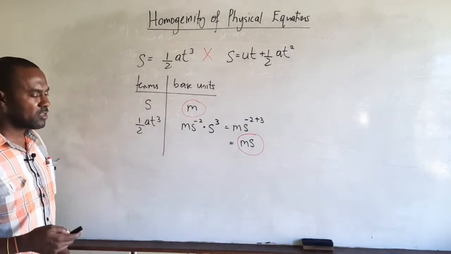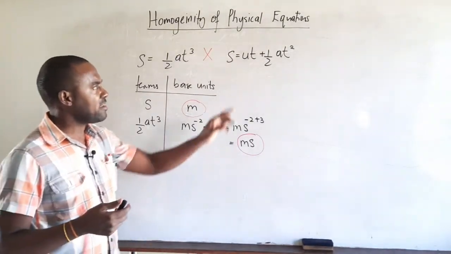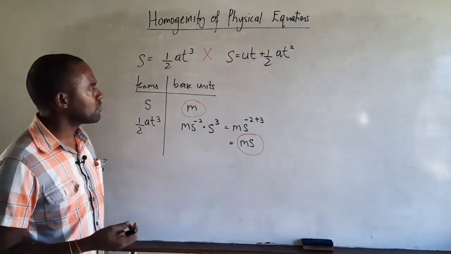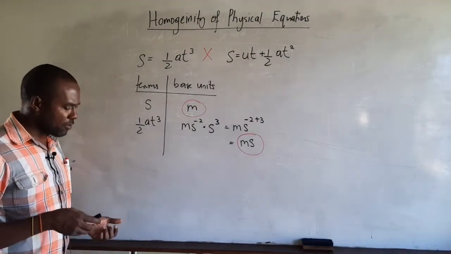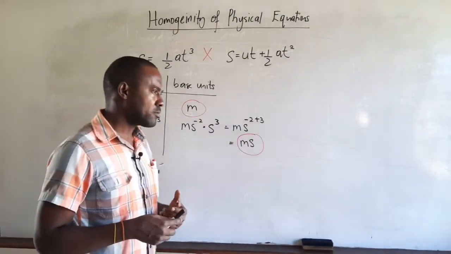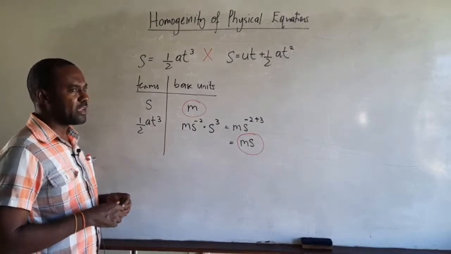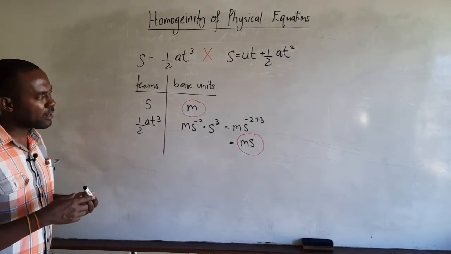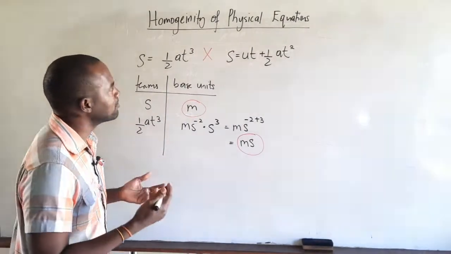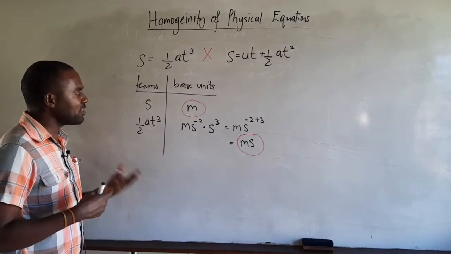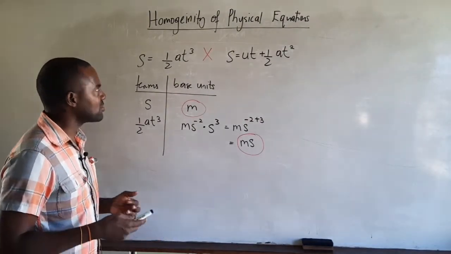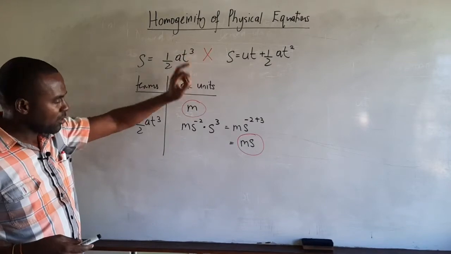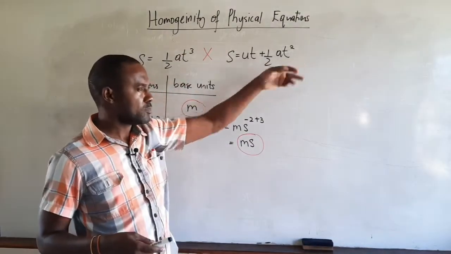So that method does not reveal any missing term in the equation, right? However, the error which led to the equation not being homogeneous is the power 3, which should have been 2, right?